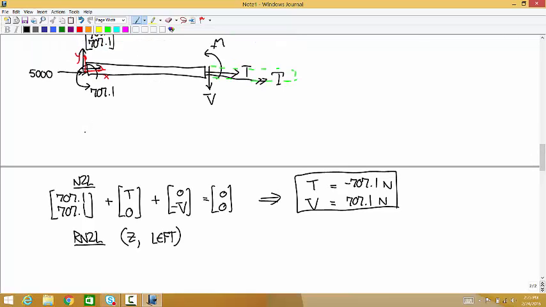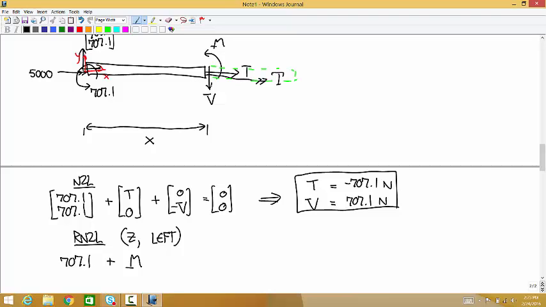Notice now that this distance, it was 0.5 before, but now it's x. Yep, we have that couple, and we have the internal couple, M. And then we have V times its moment arm.